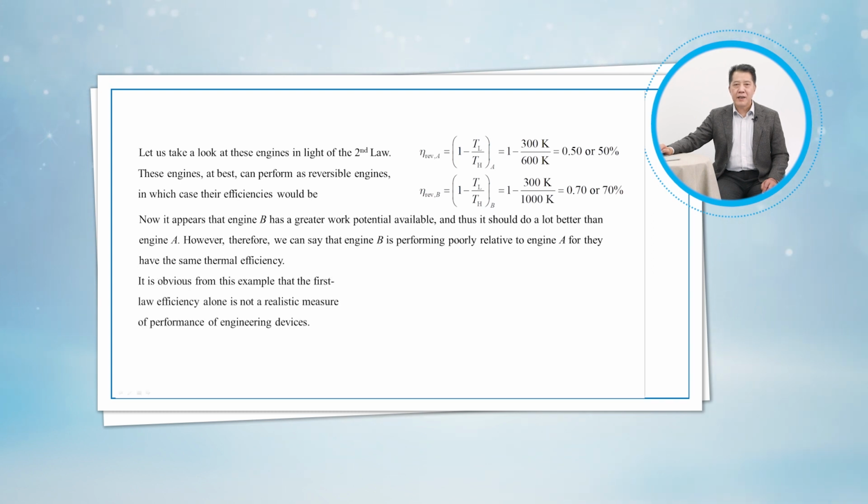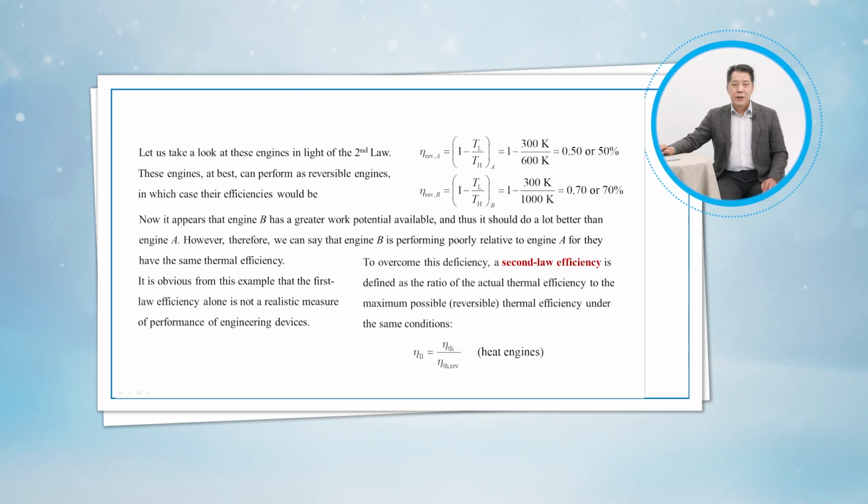It is obvious from this example that the first law efficiency alone is not a realistic measure of performance of engineering devices. To overcome this deficiency, we define a second law efficiency as the ratio of the actual thermal efficiency to the maximum possible thermal efficiency under the same conditions.